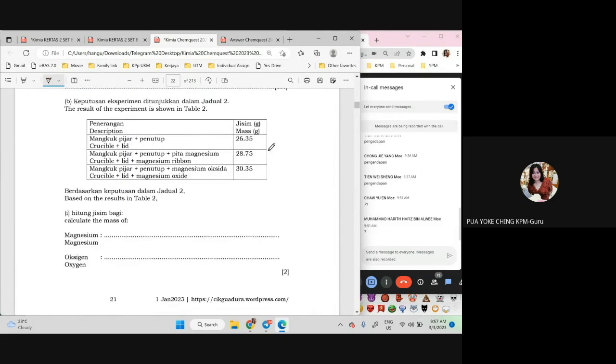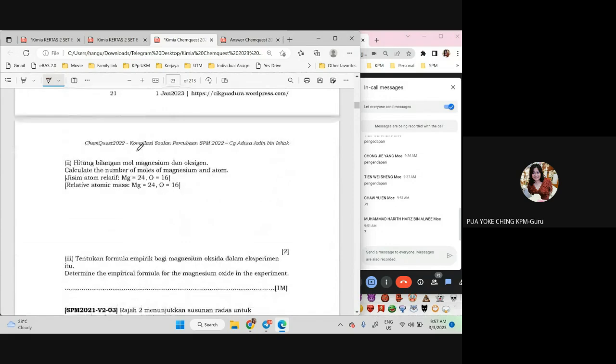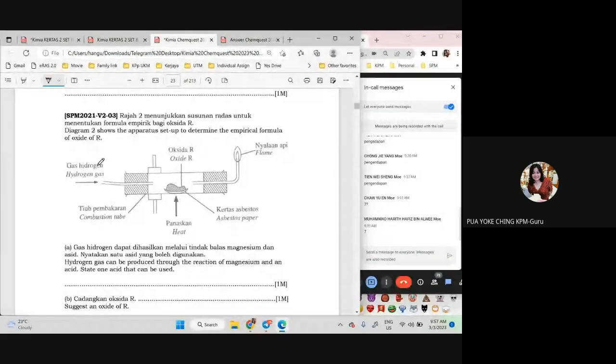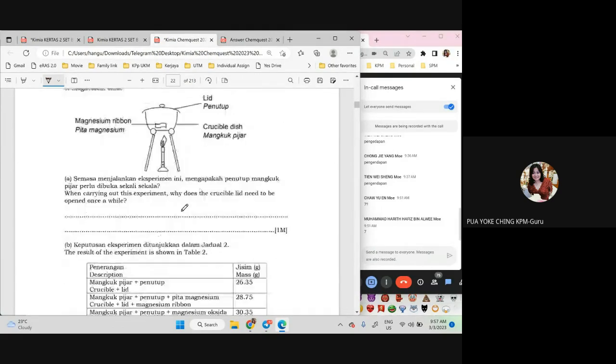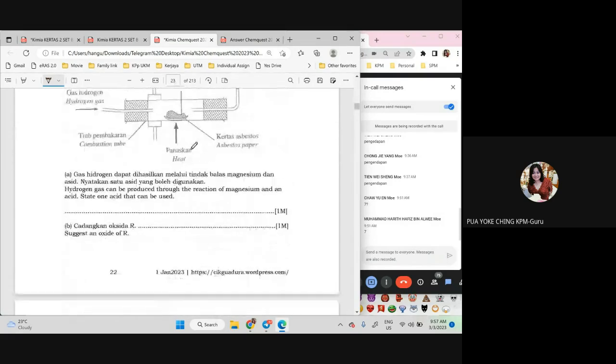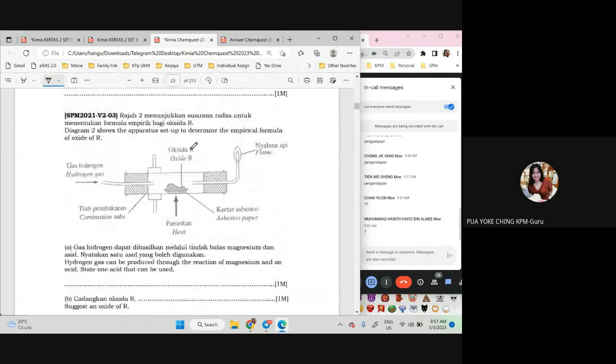Okay. And then calculation, empirical formula. And then what is your empirical formula? So ini ialah SPM version 2. I rasa version 1 tak ada. This is not the version 1, it's still trial. So SPM kali yang kedua, okay, versi yang kedua dia come out this one.